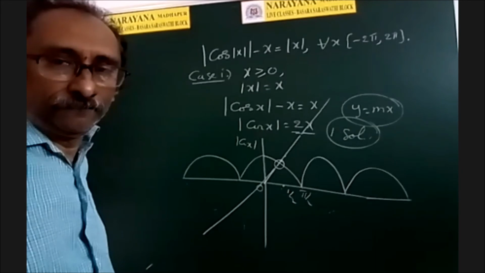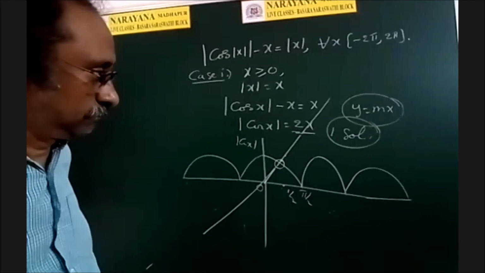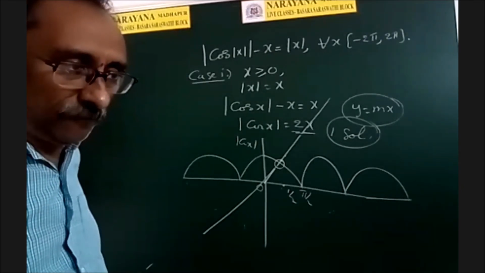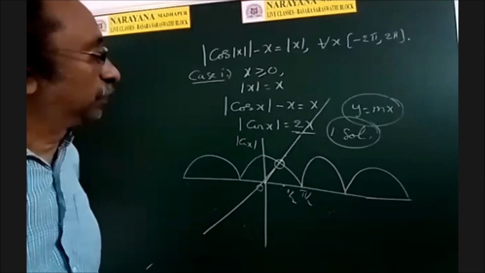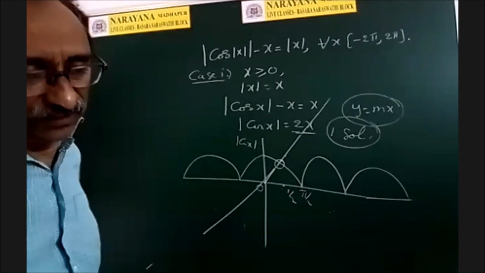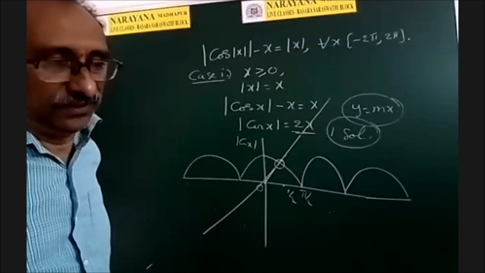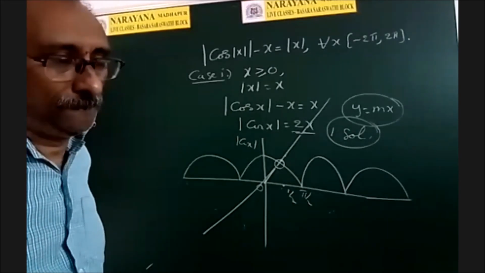Sir, once explain that straight line, sir. What straight line? The 2x line in the graph, sir. What is the equation of that line? You tell me first. y is equal to 2x. If x is equal to 0, what is y? 0, sir.